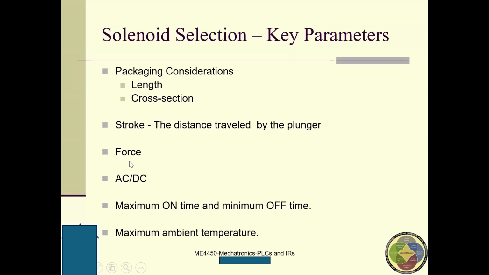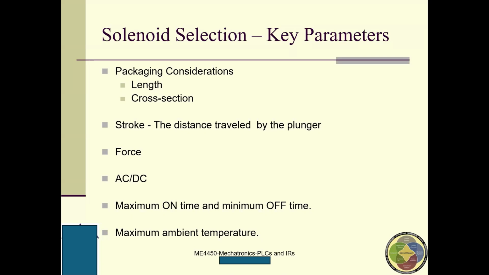The next thing is the force. How much force can this solenoid provide when the plunger is moving? And AC or DC. AC means alternating current, and DC is direct current. Should I use AC or DC? What is the benefit of using AC, and what is the benefit of using DC?